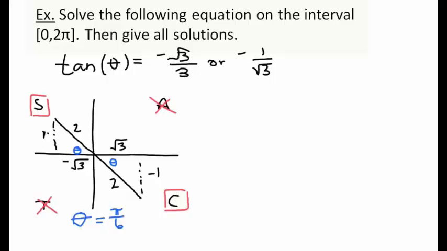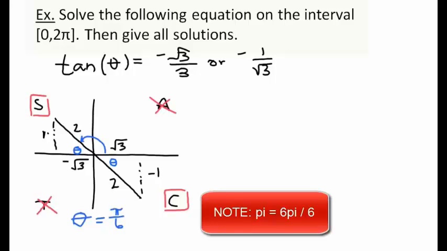Now that we have our reference angle, let's actually try to figure out the angles that we need on 0 to 2 pi. Beginning at the value of 0 radians, we can move over this way. So our first angle here must be 6 pi by 6 minus pi by 6. That's going to be 5 pi by 6.